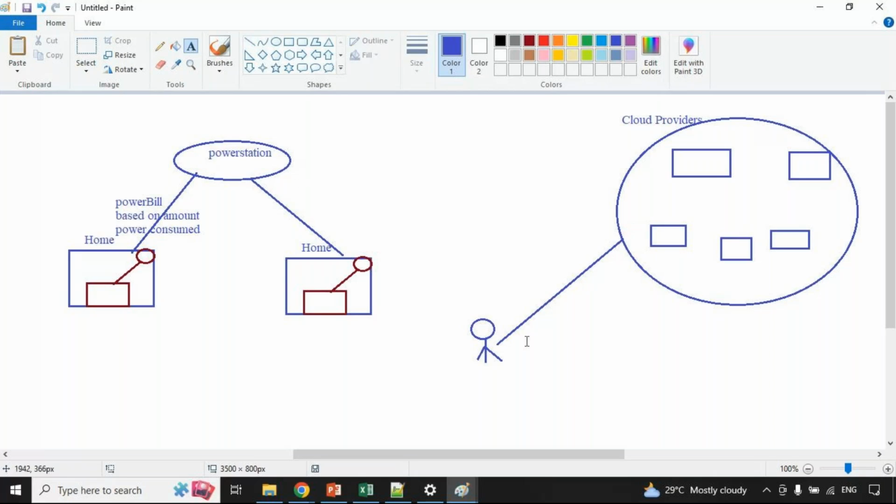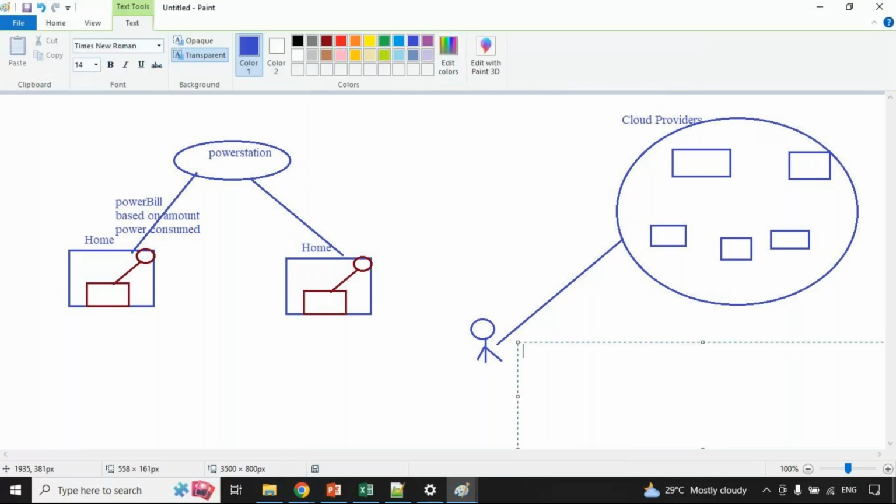Suppose I started a business and I'm going to maintain 1 TB of data. My business is good, so I'm going to maintain 6 months of customers' data. For this 1 TB, consider $100, so I can pay for it.